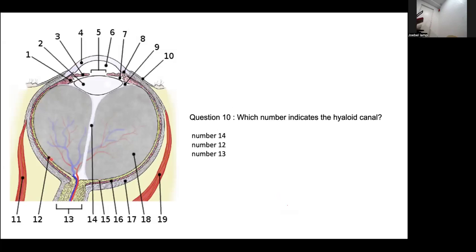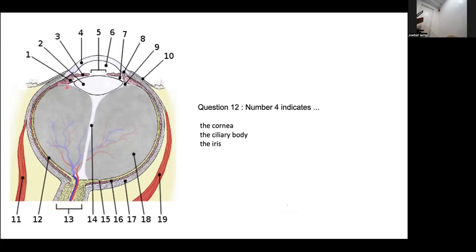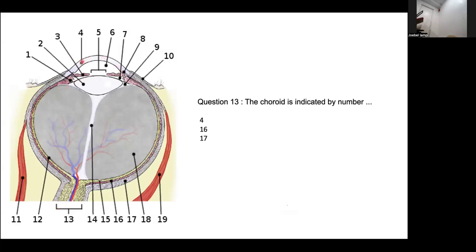Retina. Hyaloid canal, what number? 14. Okay, this one. This is the hyaloid canal. Number 13. The optic nerve. Number 4. The cornea. Choroid. 16. Yeah, this is the choroid, the colored one.